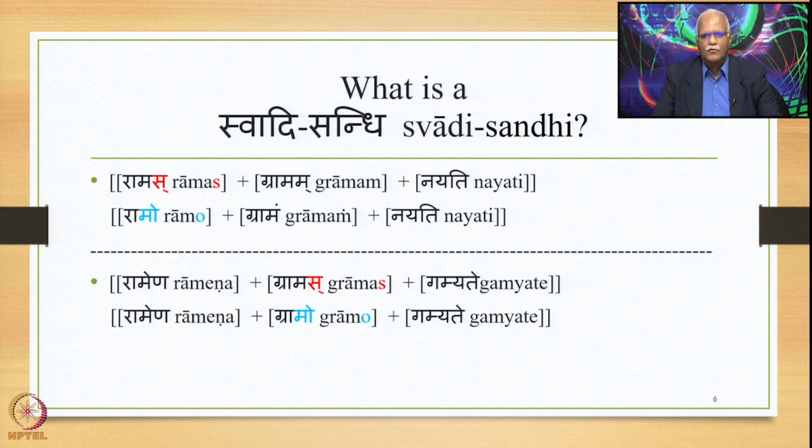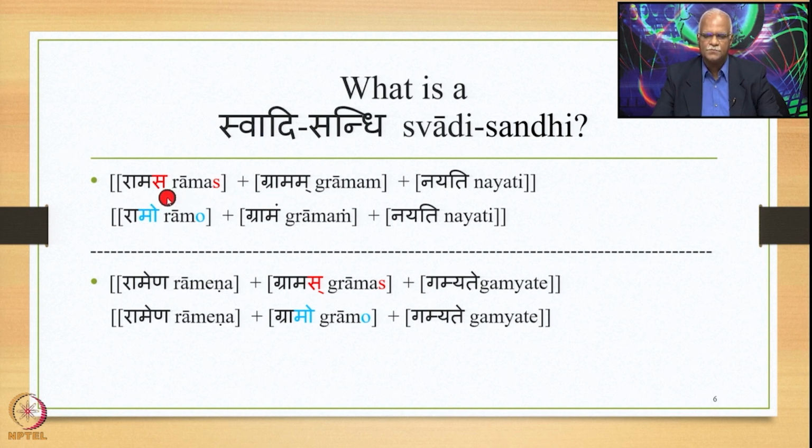So, to give you a specific example once again, this is what is a Swadi Sandhi. If you have Ramas plus Gramam plus Nayati, of course Ramas, Gramam and Nayati are derived internally by adding the suffix sa to Rama, am to Grama and ti to ni. This internal derivation has happened, and now Ramas and Gramam and Nayati come into contact. So this sa comes immediately before this g, and this sa appears at the end of a pada.